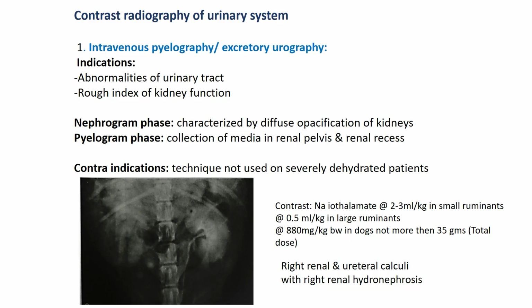Afterward, you have to cannulate the cephalic vein and prepare the contrast agent. For that you can use sodium ethylamate with a dose rate of 2 to 3 ml per kg of body weight. If you are using sodium ethylamate in large ruminants, you can use 0.5 ml per kg of body weight.